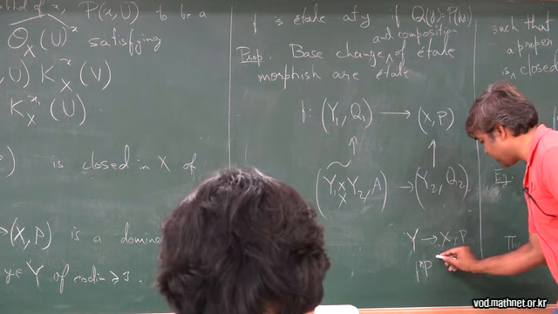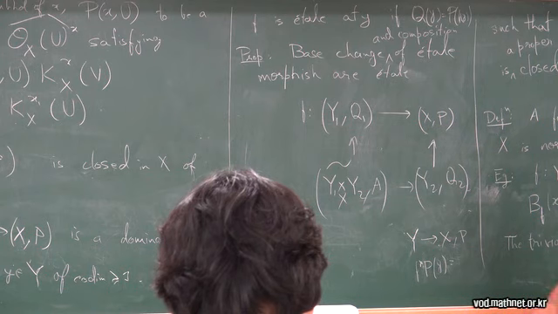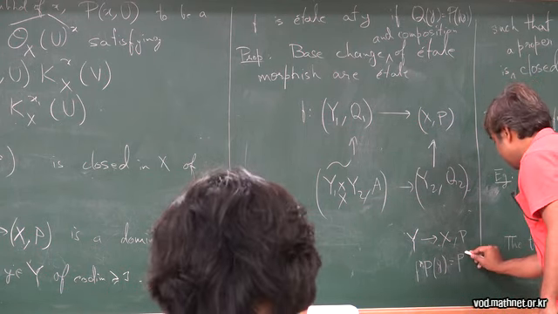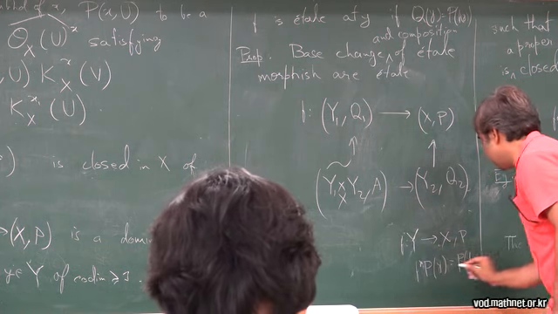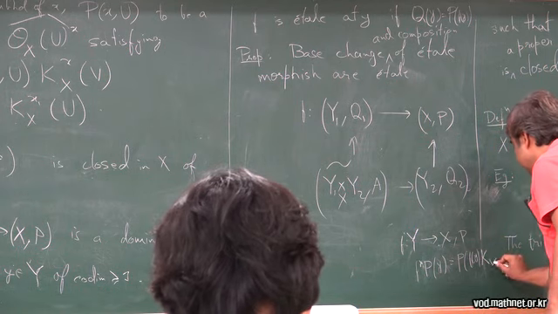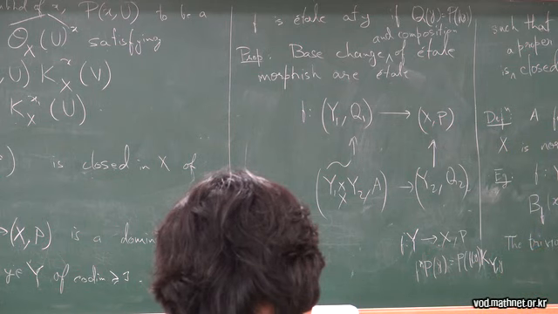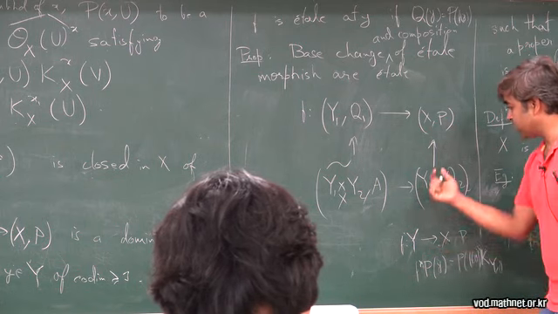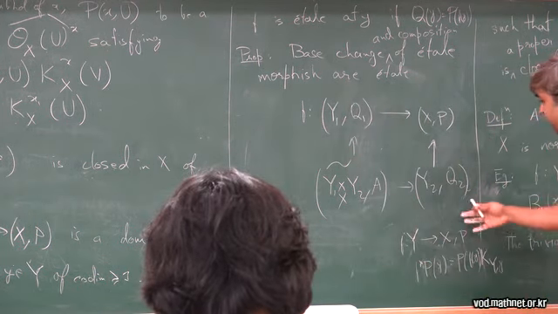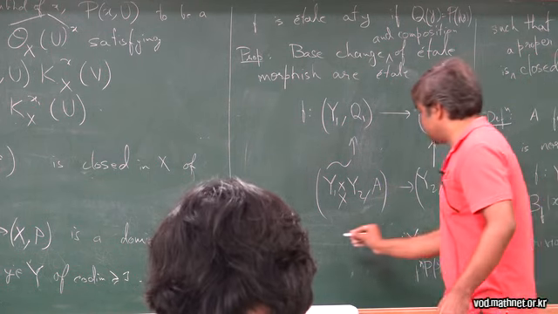In the curve case, f upper star p of y will be basically p of f(y) times k(y). This is what the pullback of this branch data is. In higher dimension this is slightly more complicated, but the same idea works. So what you do is you pull back.